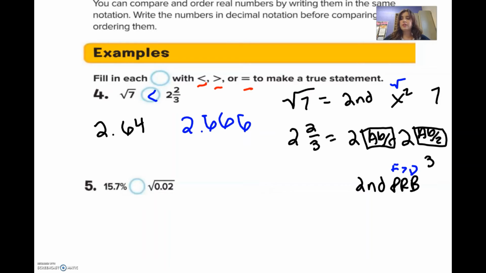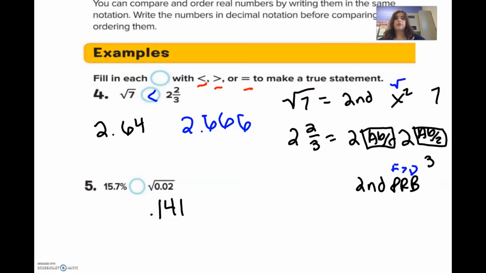Alright, now we're on to example 5. So we have 15.7% and the square root of 0.02. Let's do that square root real quick because we know how to. And the square root is 0.141.